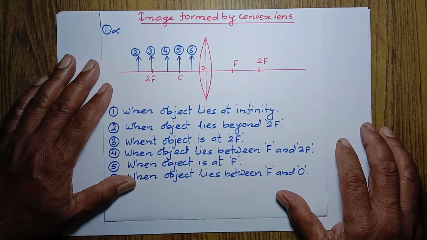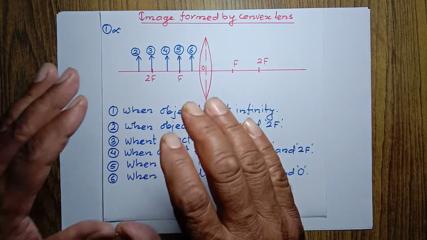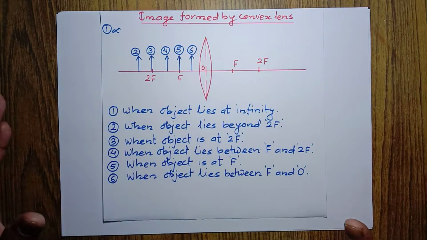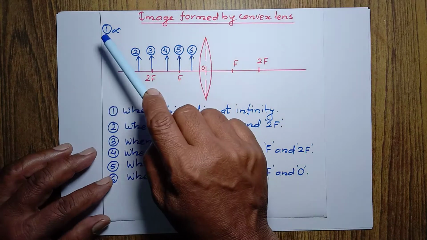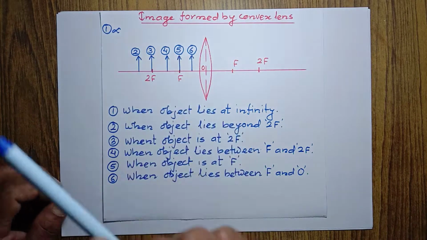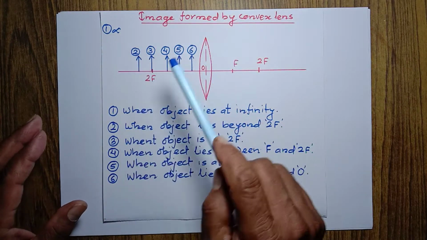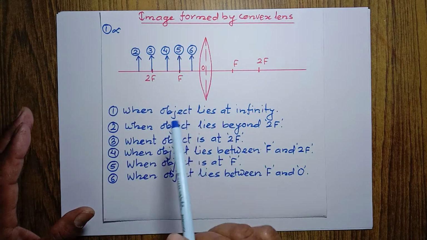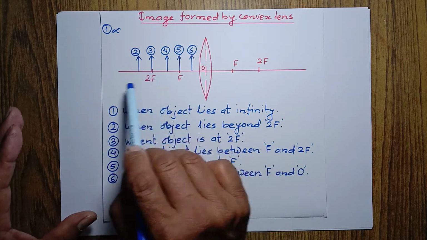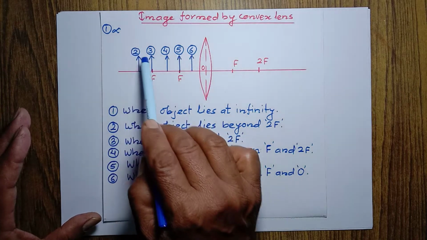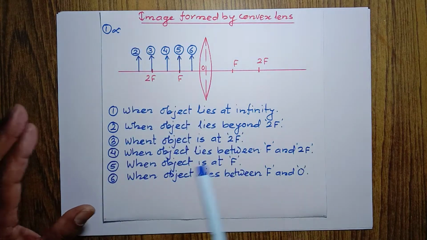Now, after a lot of practical observations, what is found? A convex lens forms 6 different types of images. When the object is taken at infinity, one type of image. When the object is taken between infinity and F, another type of image.